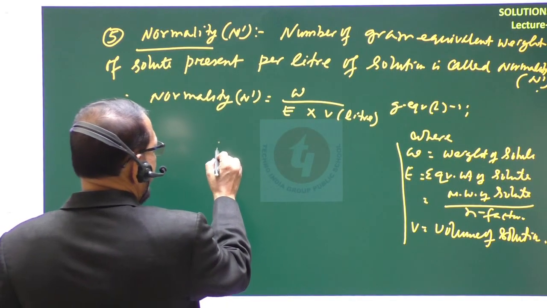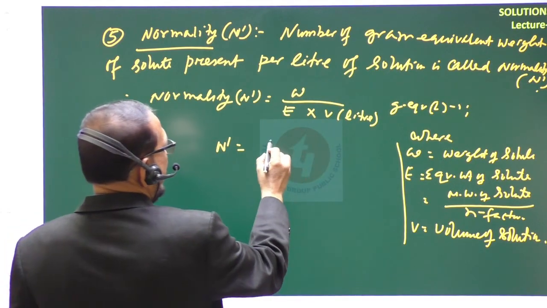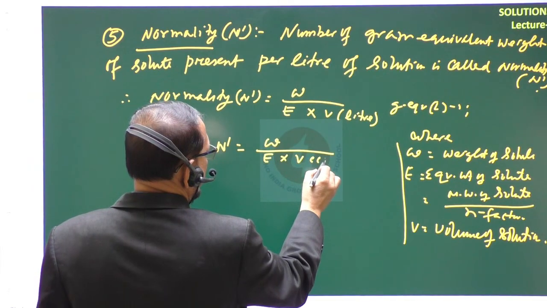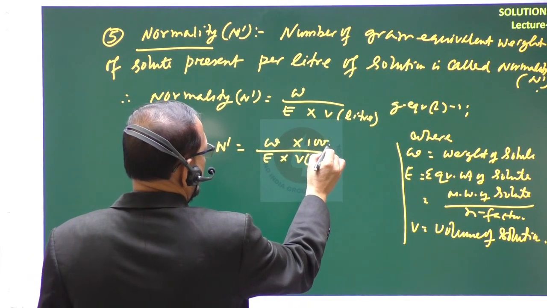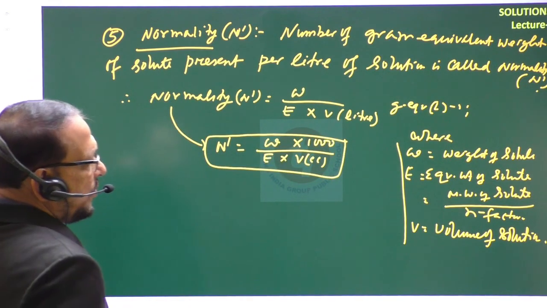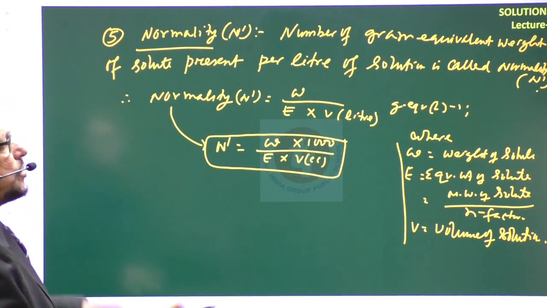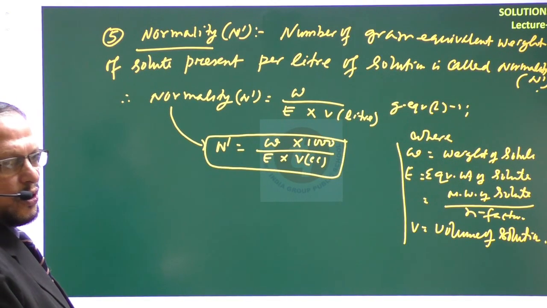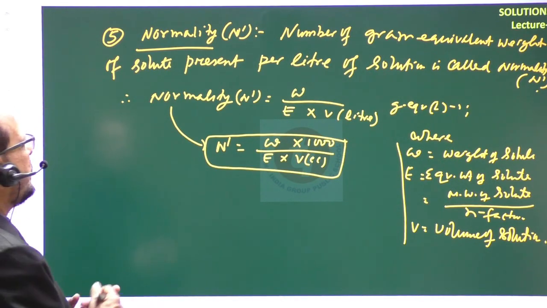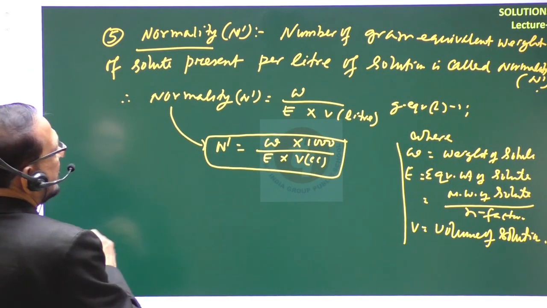Now if I write in terms of volume in ml, liter converted into ml, then it will be E into V in cc or ml into 1000. So this is the normality in terms of volume in cc. Now when two solutions are mixed, N1 V1 is equal to N2 V2 for acid base mixtures, that we know, we have already learned in class 11.